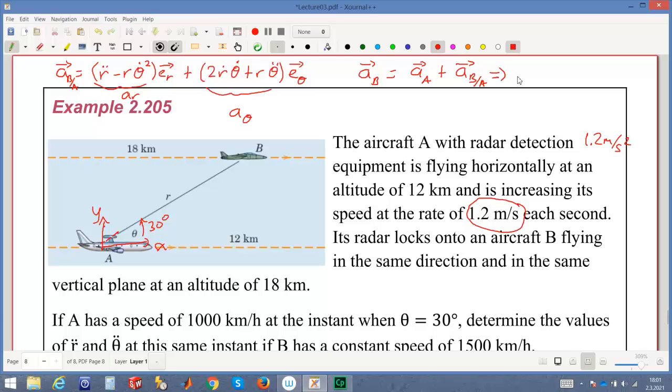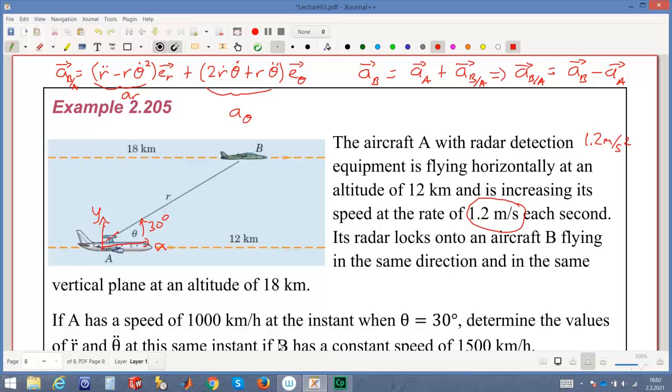Therefore, from this equation, I can find the relative acceleration as the absolute acceleration of plane B minus the absolute acceleration of plane A. So far, so good. And then, do I have that information about the acceleration of A and B? What is given to me is that A has an acceleration of 1.2 meters per second squared in this axis, which is the x-axis.